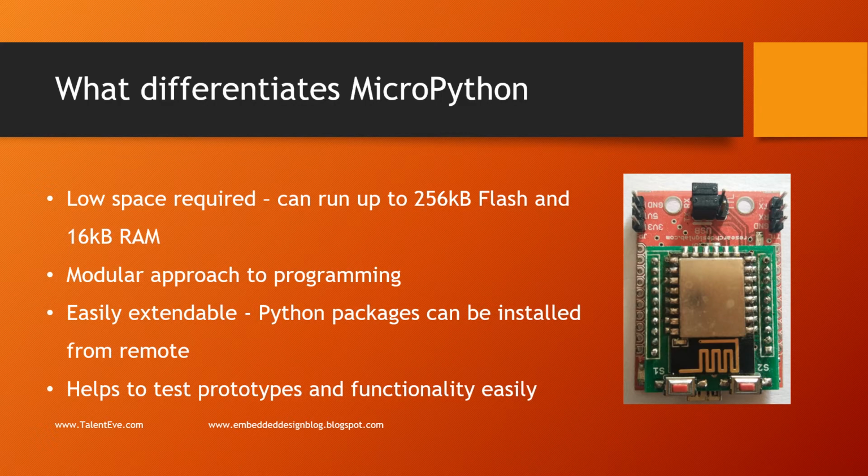The lower-end microcontrollers other than these cannot run MicroPython because of space constraints. So we can say Python requires more hardware at one end. Also, it doesn't require very high-end hardware like a powerful processor or high flash and RAM. A medium-level microcontroller should be able to run it.